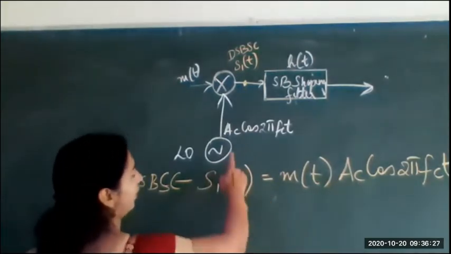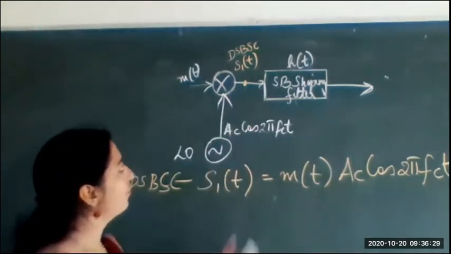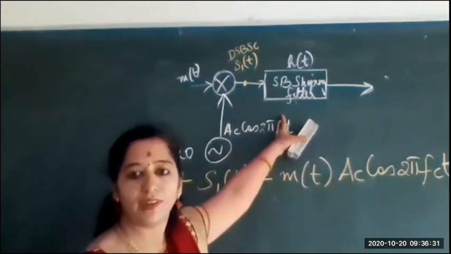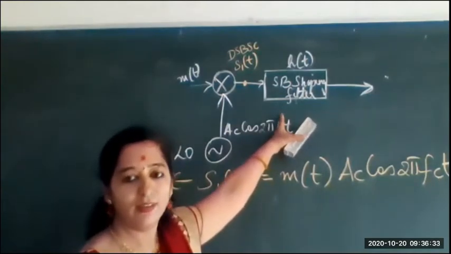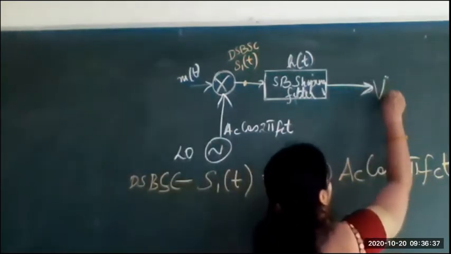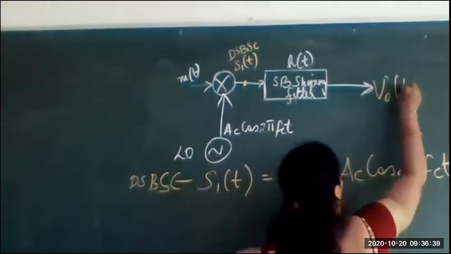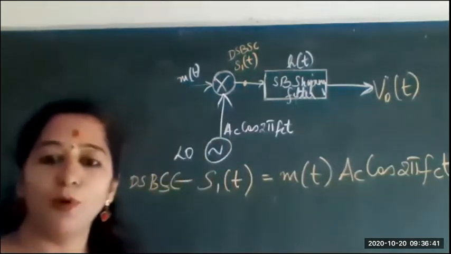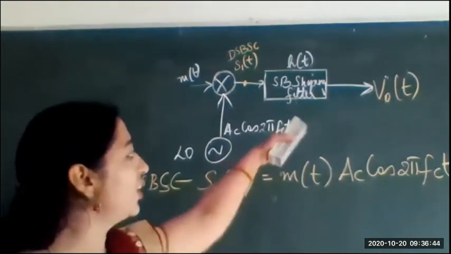Now, when S1 of t is passed through the sideband shaping filter, what would be the output? The final output here, let me call it V naught of t. What would be the output of this sideband shaping filter?